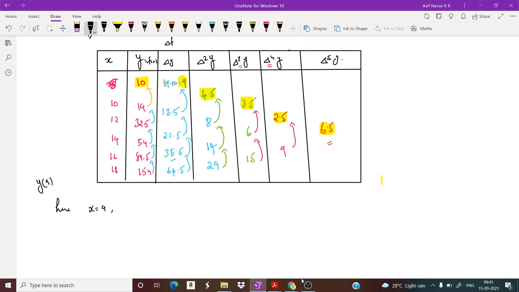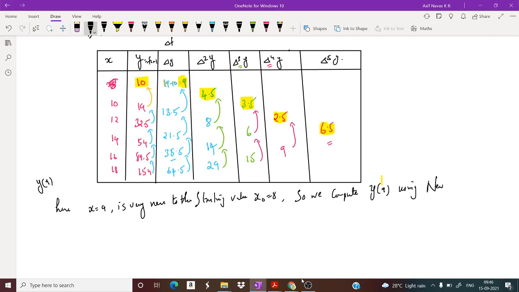X equal to 9 is very near to the starting value. X naught is equal to 8. So we compute y of 9 using Newton's forward difference formula.